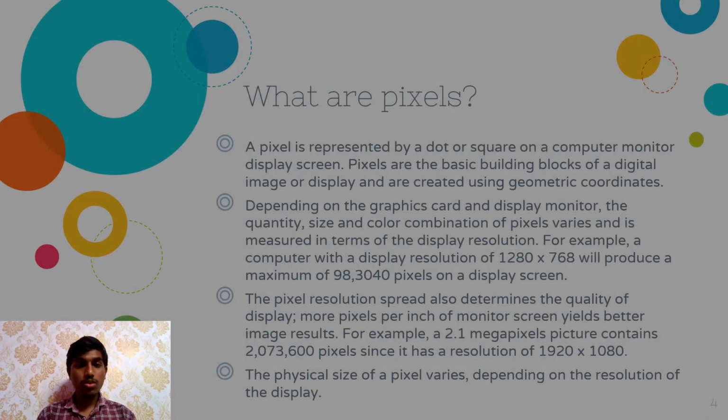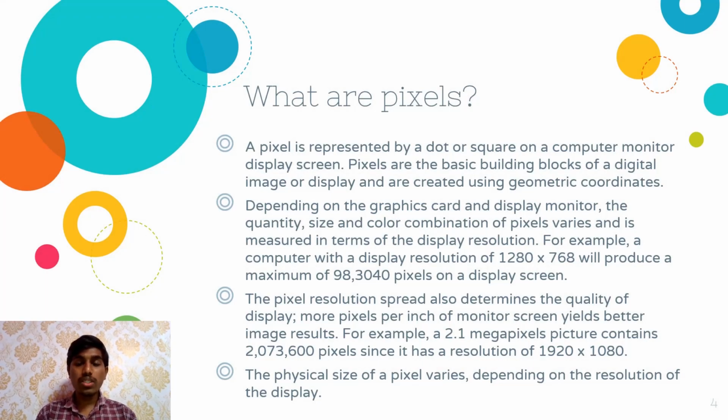What are pixels? A pixel is represented by a dot or square on a computer monitor display screen. Pixels are the building blocks of a digital image or display and are created using geometric coordinates. Depending on the graphics card and display monitor, the quantity, size and color combinations of pixels vary and are measured in terms of display resolution.